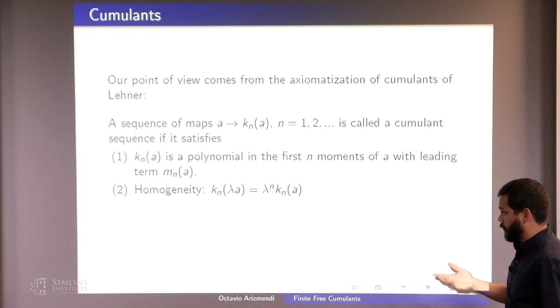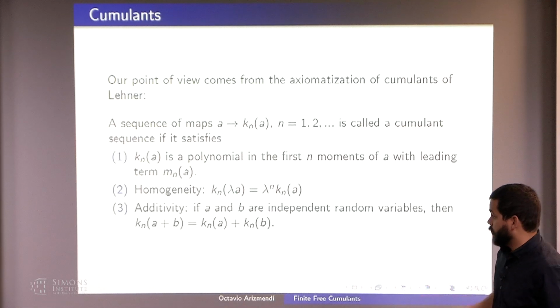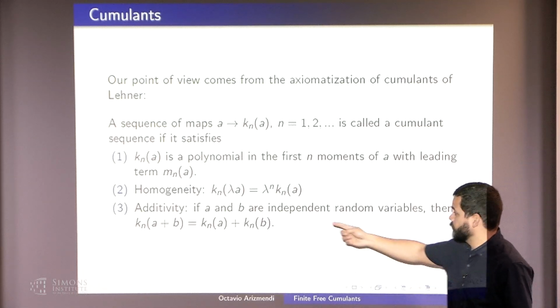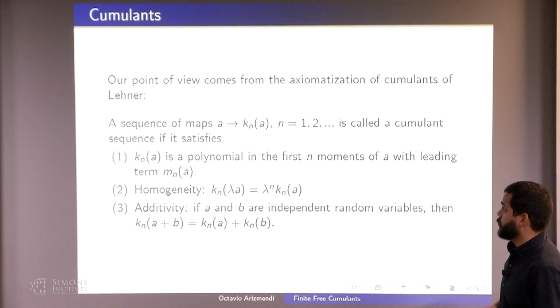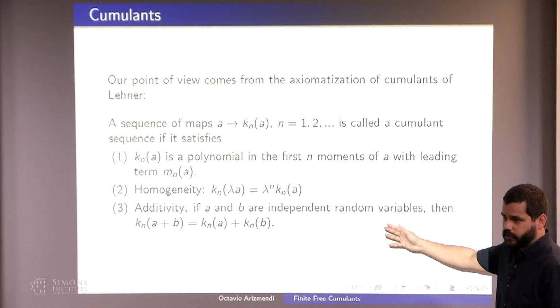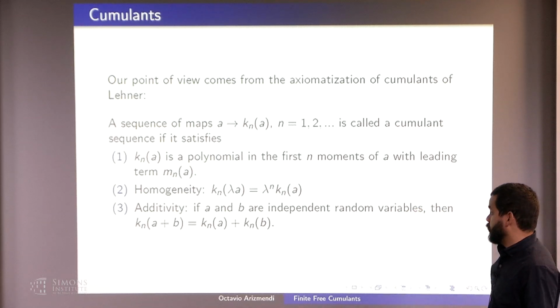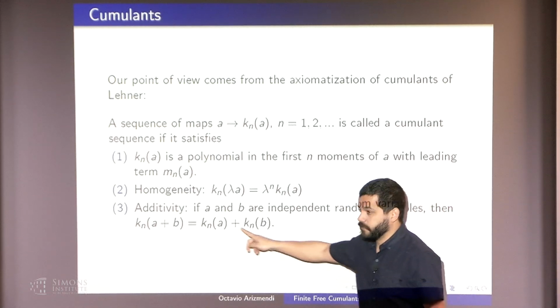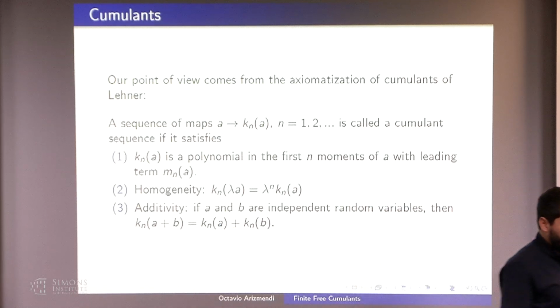And the third one, and probably the most important one, is that if I have independent random variables, say freely independent or classically independent or Boolean independent, then they should be additive. Okay? And with these three properties, I can prove a central limit theorem for any notion of independence that I have, provided that my random variables have all moments. And the proof is very, very simple.